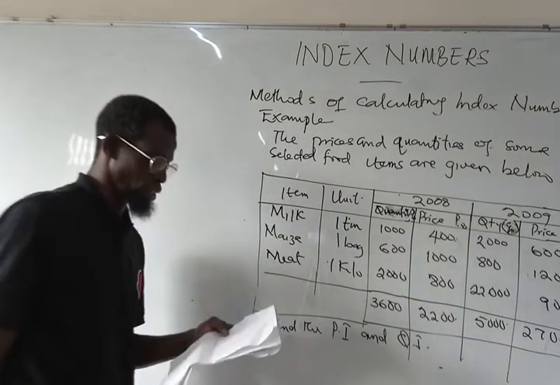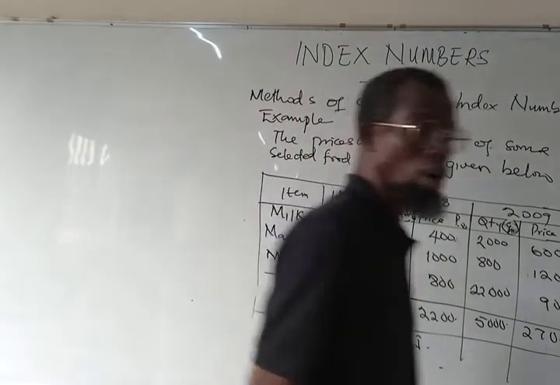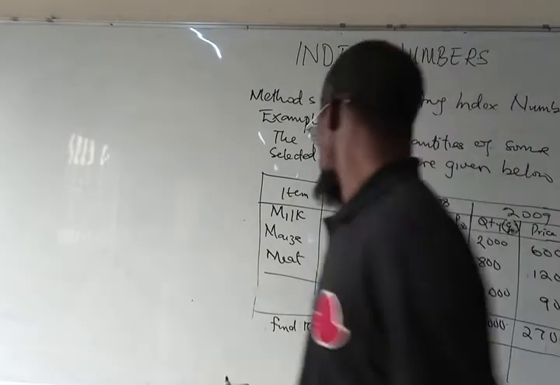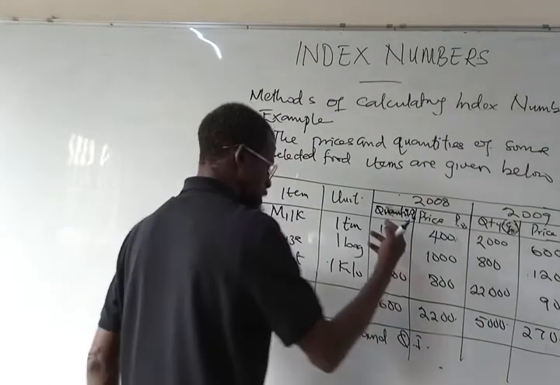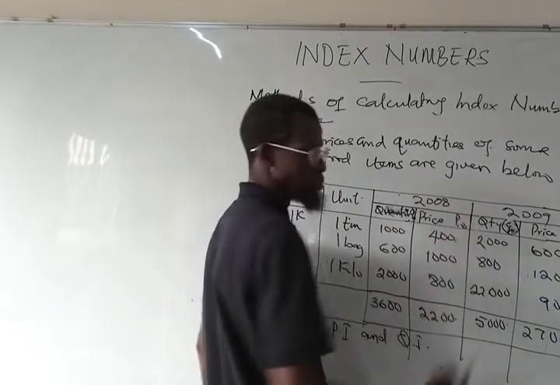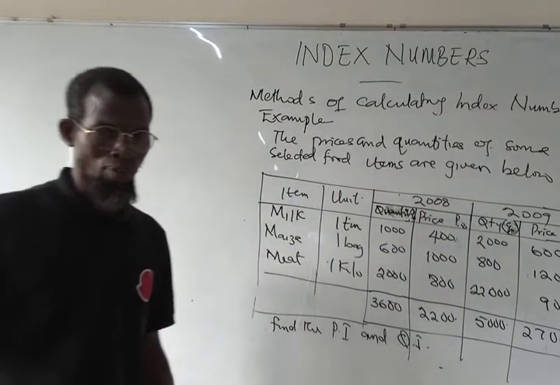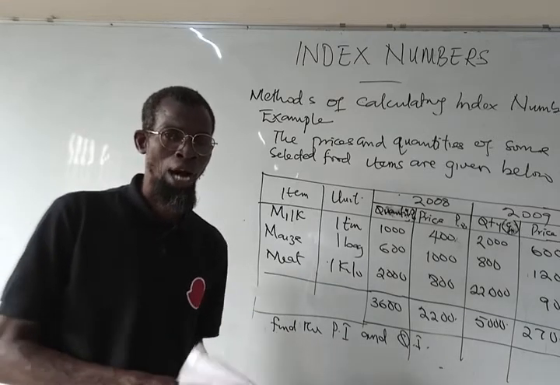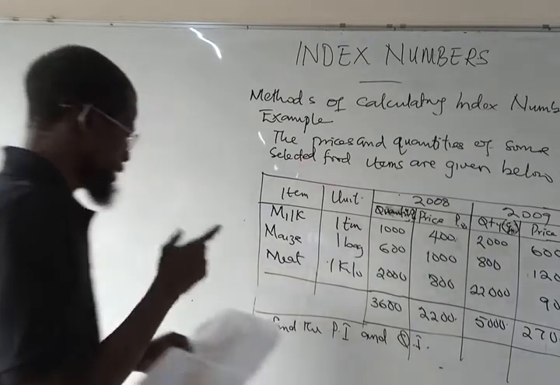These are the two questions. You can also equally use it to find out the value relative. Under value relative, just multiply the quantity and the price together. That will be left for you to do as a practice.